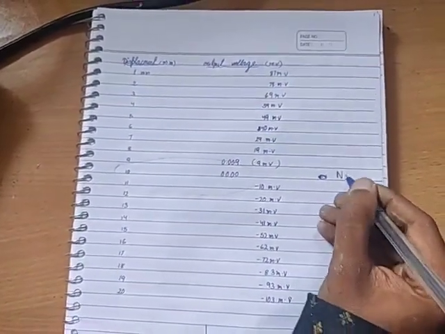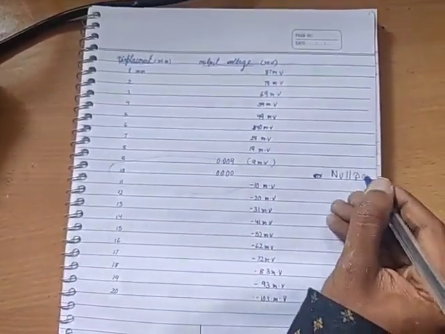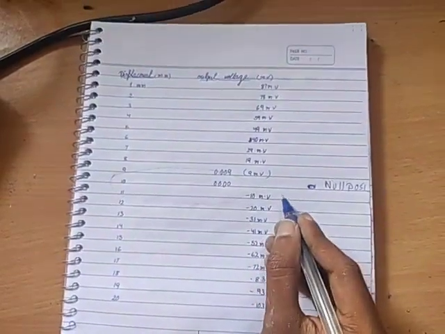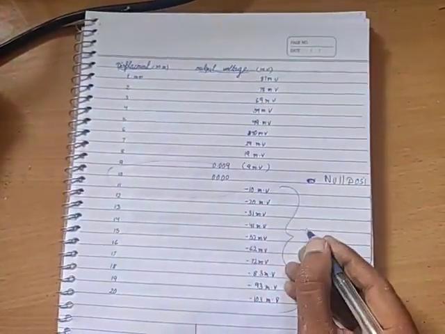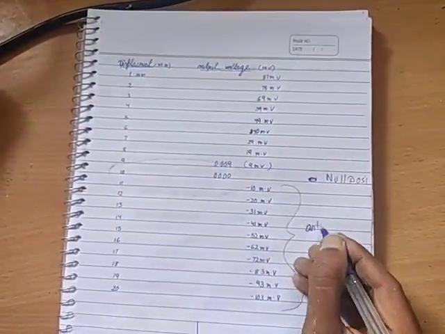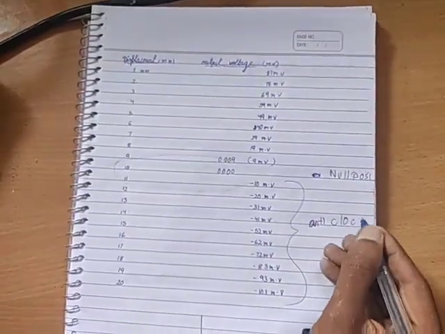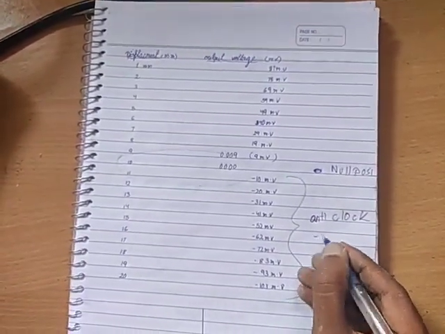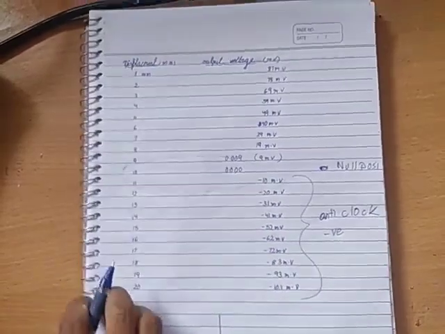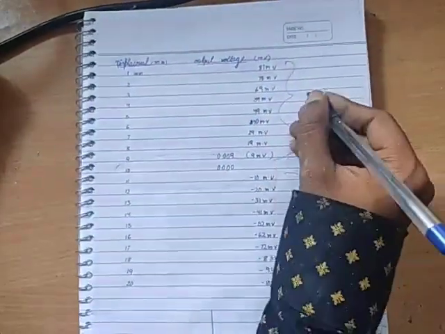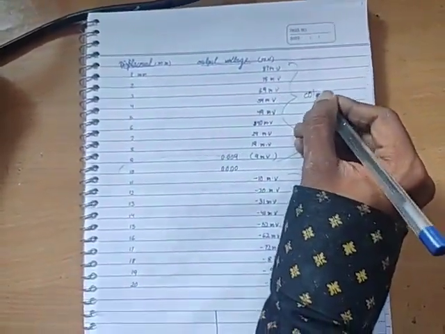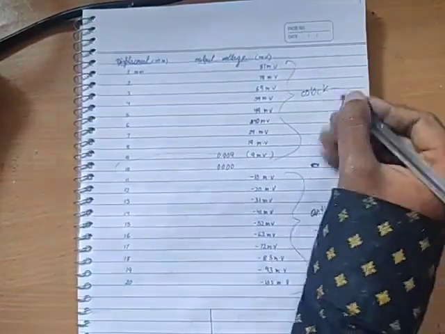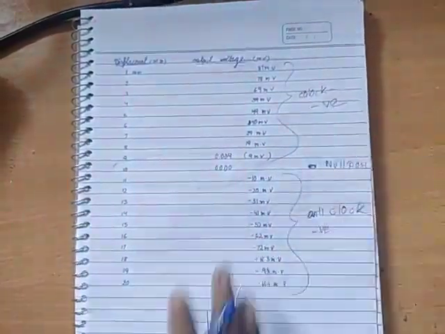And these are the anti-clockwise observations. Here we get positive and negative. In the clockwise direction we get positive values.